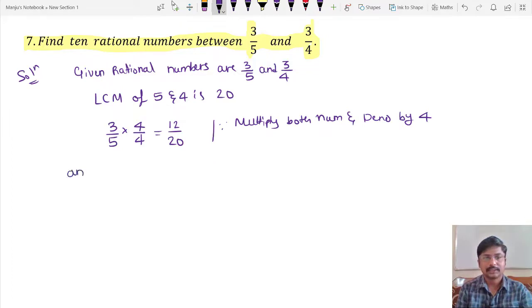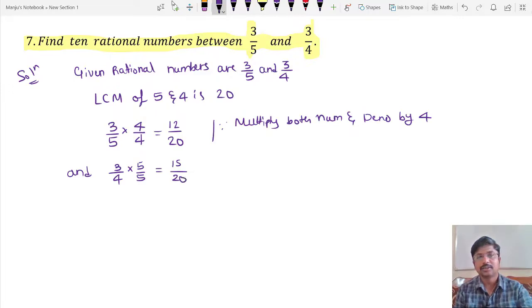Next consider 3 by 4. What do we have to multiply? Yes, we have to multiply by 5. That means what will we get here? 3 5s are 15, 4 5s are 20.